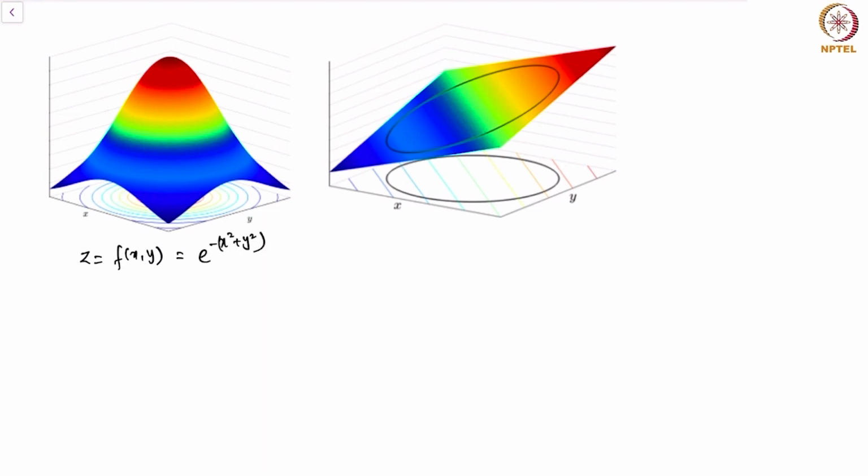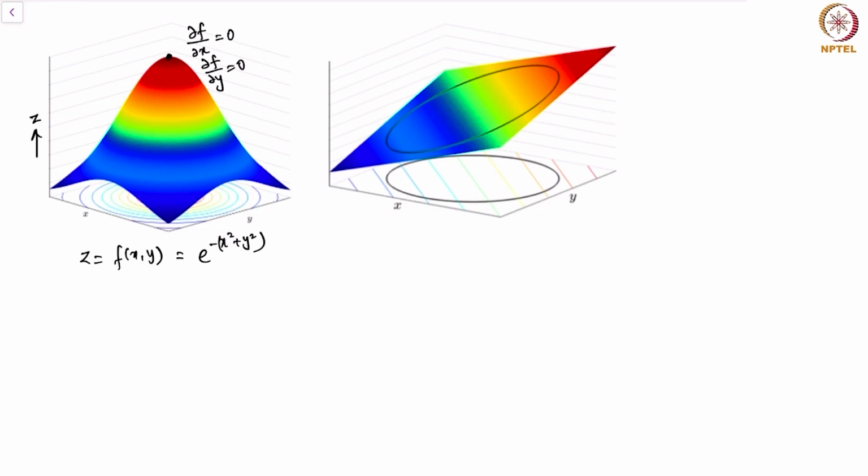And the moment you look at a function like this, I ask where is the maxima or minima? Again, that's a well defined problem because there is a global maxima and the global maxima is at this peak. And at this peak, since it's a function of two variables, the partial f partial x is 0 and partial f partial y is 0, which means that the tangency condition is now a plane. So we have different levels of this height. So z is basically vertically up.